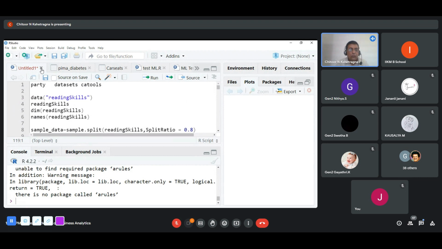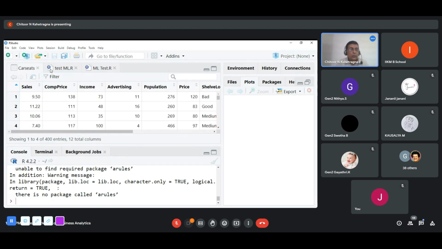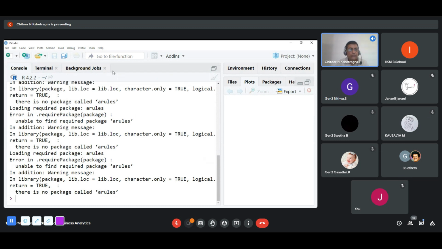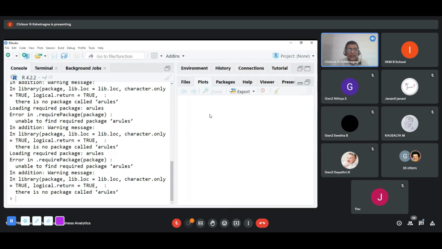Just give me 1 minute. I'll just close all the old work. So some earlier work, what I did, is still there. Let me remove. Okay, fine. Now it's clear. Okay. So this is something like you can use it like Excel.